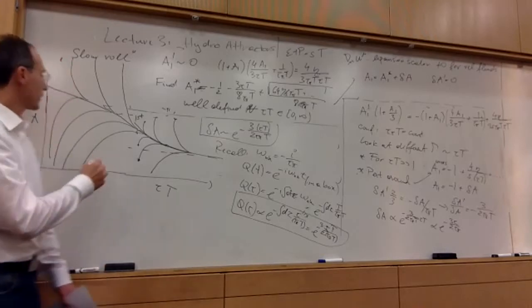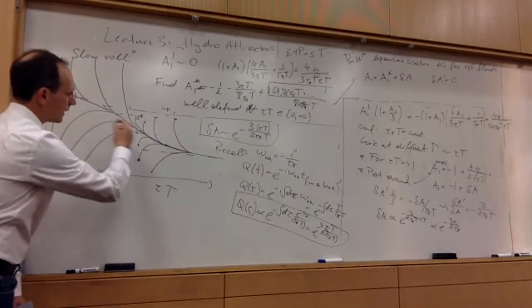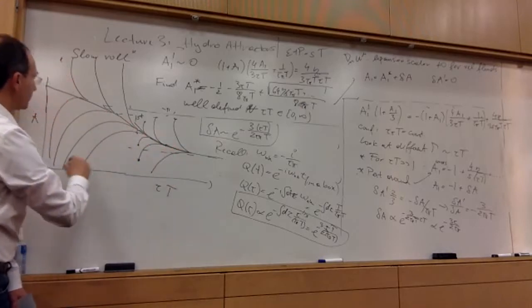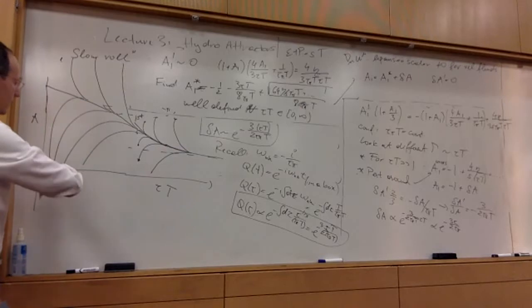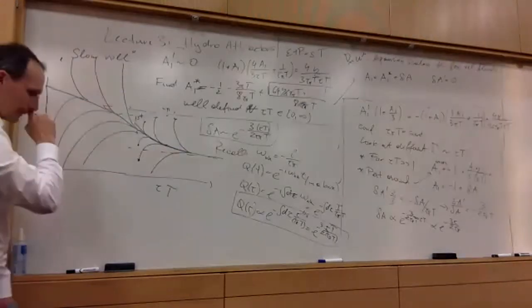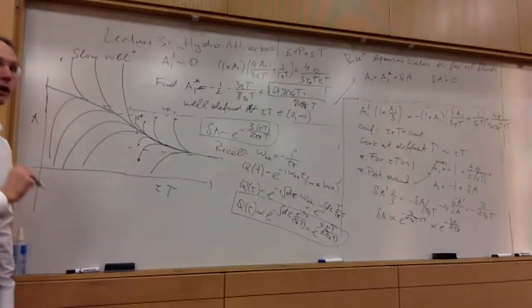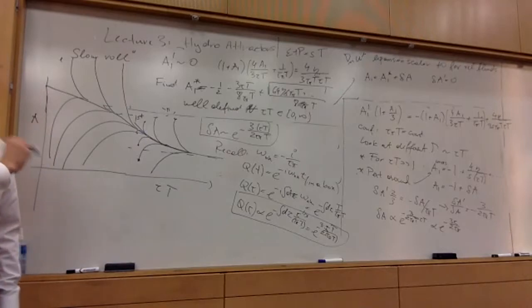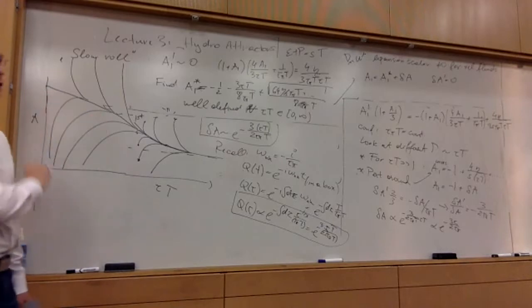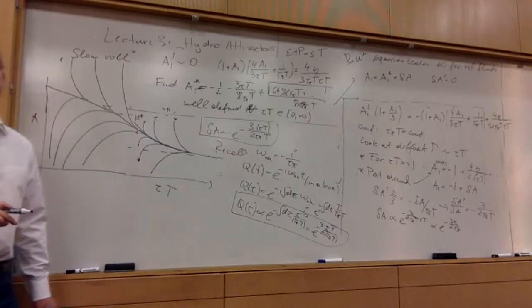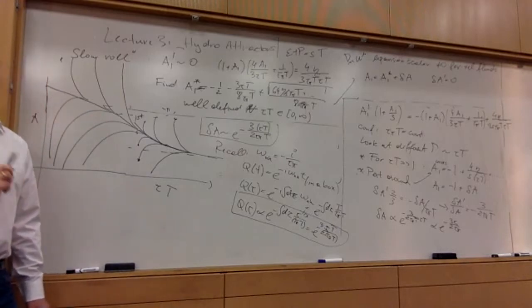Yes. So as was pointed out, the late time approach is exponential, but in particular the approach to this attractor need not be universal. Okay, so it can be dependent on all sorts of other things. The attractor is, but the approach to the attractor need not be universal. It needs to be fast, but not universal.